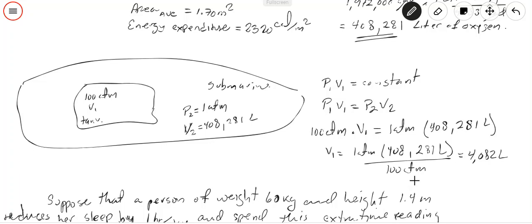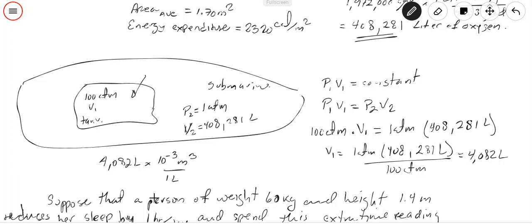But we can now convert these 4,082 liters into cubic meters. So to make the conversion, we say 4,082 liters. That is the volume of the tank, right? But we're going to convert these liters into cubic meters times 10 to the negative 3 cubic meters in 1 liter.